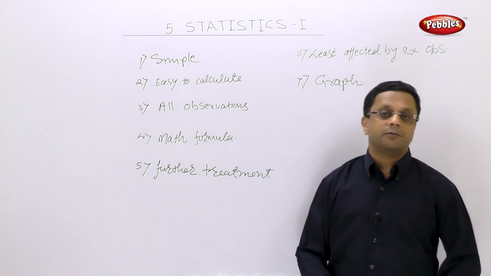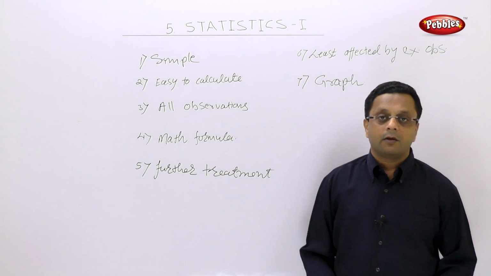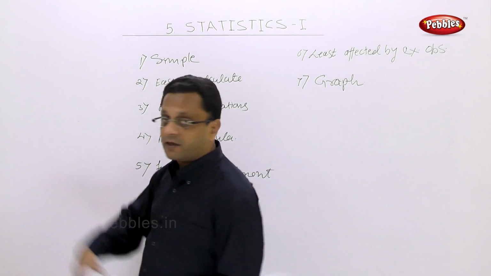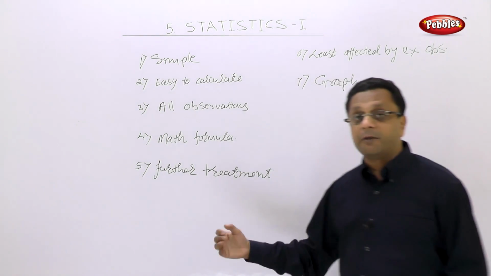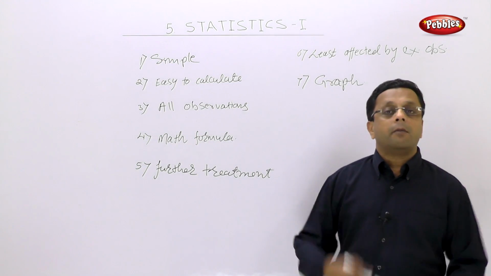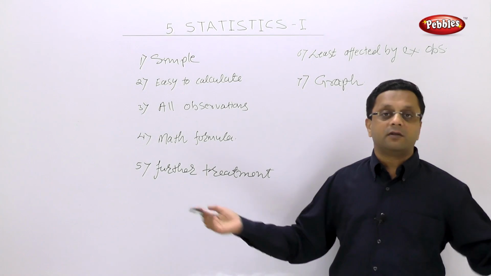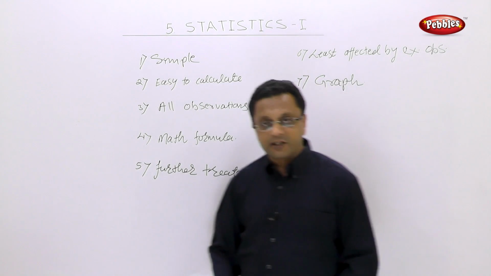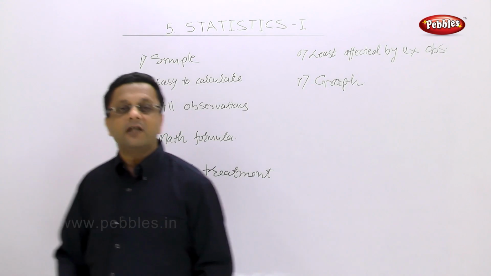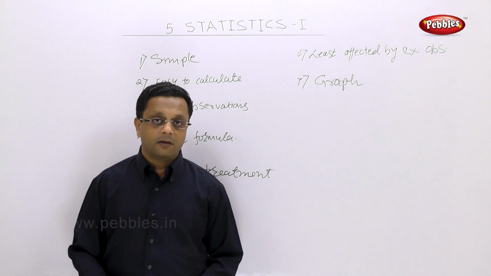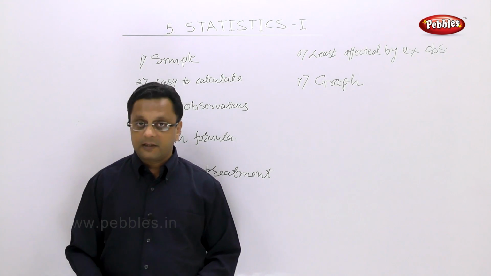This is not possible in case of mean, because below 500 you cannot do anything. If they give below 500 and above 900, that means the lower limit and the upper limit are open. This is called the open class interval. In case of open class interval, the mean fails to determine the central tendency. We cannot find out the mean in that case.